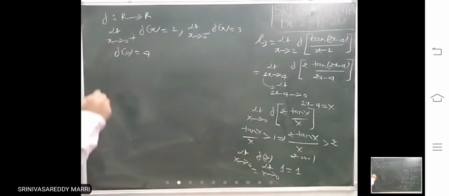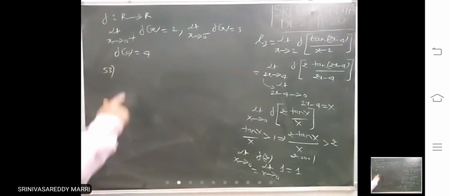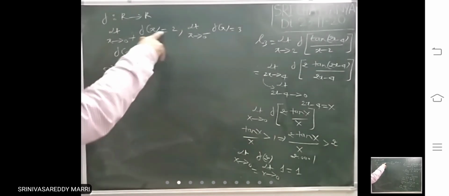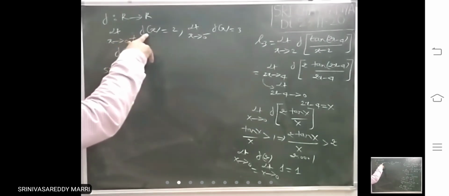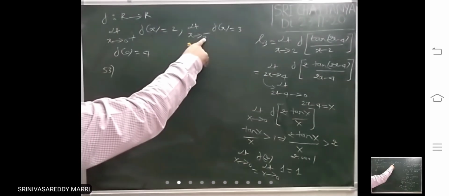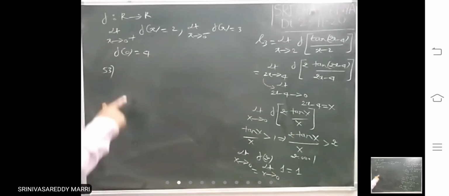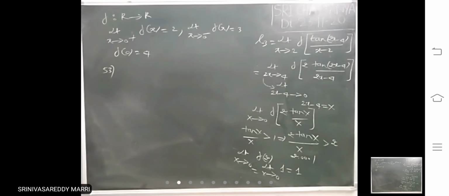So first question 53. This limit is given 2, that means when x is just greater than 0, this value will be 2. When x is just less than 0, this value is 3. At x equals 0, its value is 4.